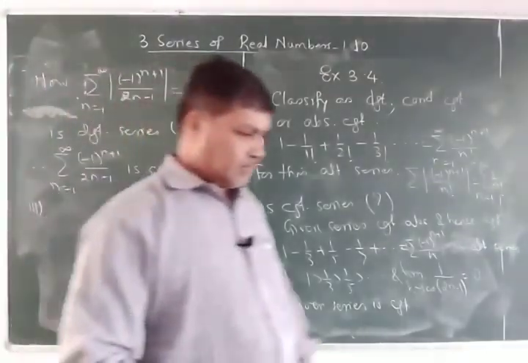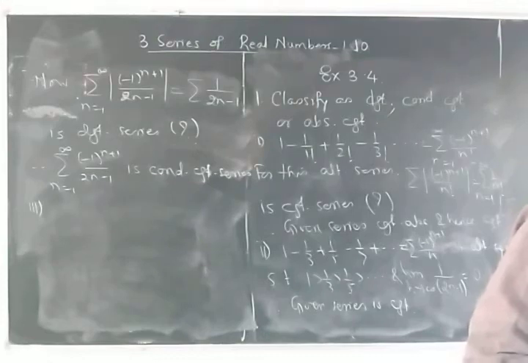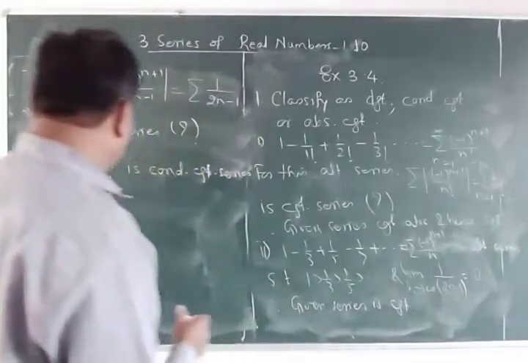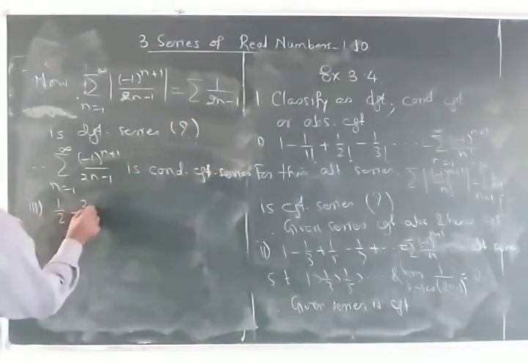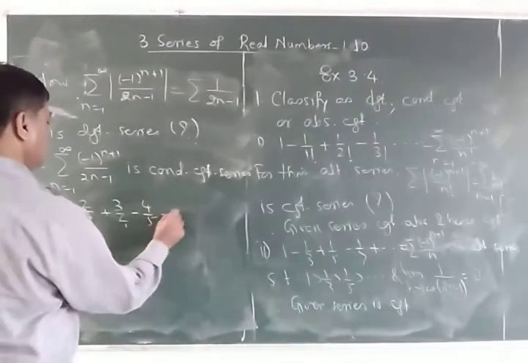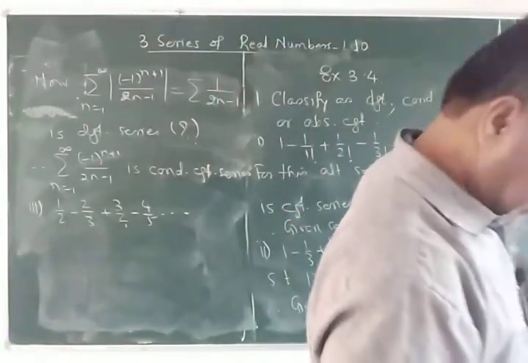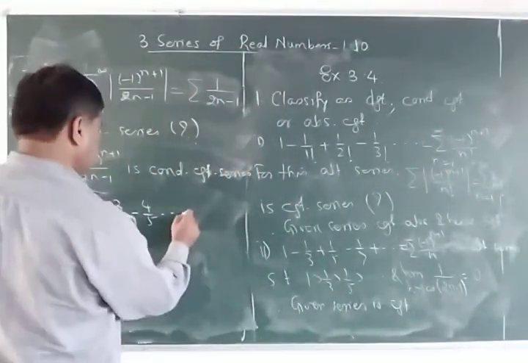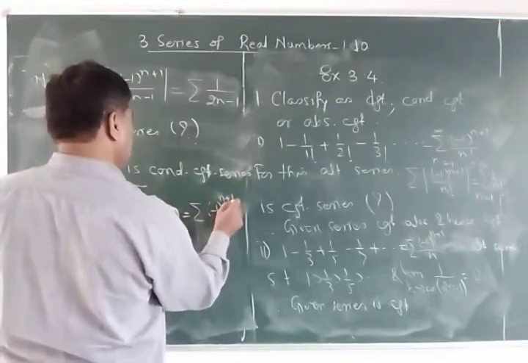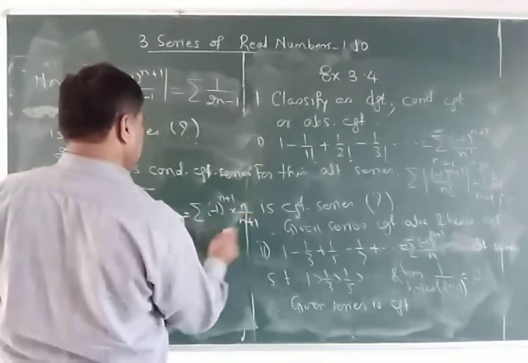Third, one half minus 2 by 3 plus 3 by 4 minus 4 by 5 and so on. This is equal to summation of minus 1 raised to n plus 1 into n upon n plus 1.